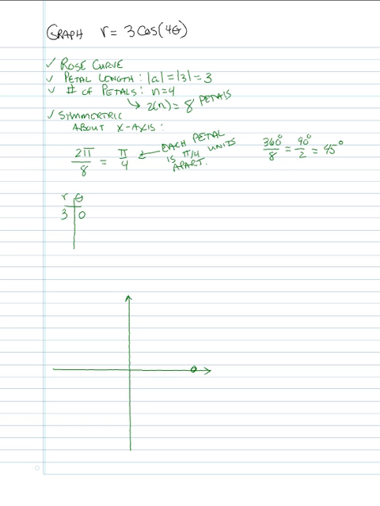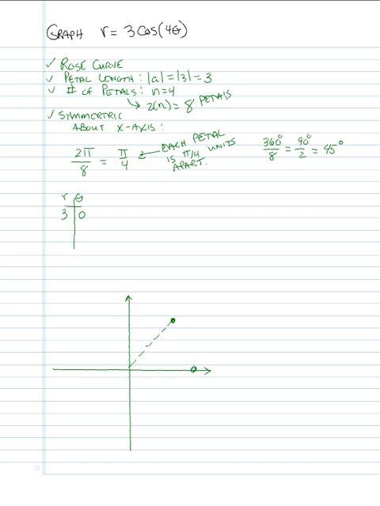We know our petals are 45 degrees or pi over 4 apart. So along 45 degrees, if we move out 3 units, because our petals are 3 units long, that's the end of another petal.